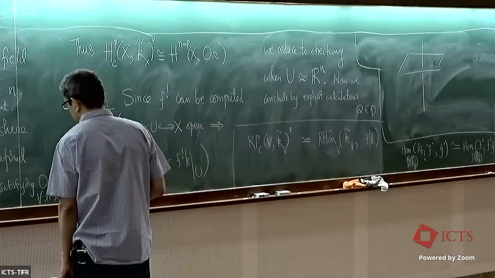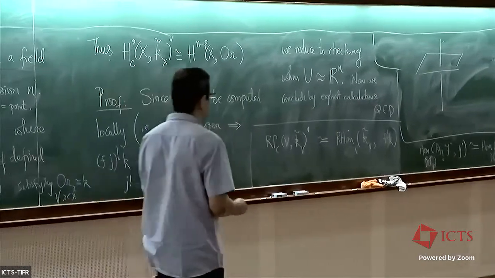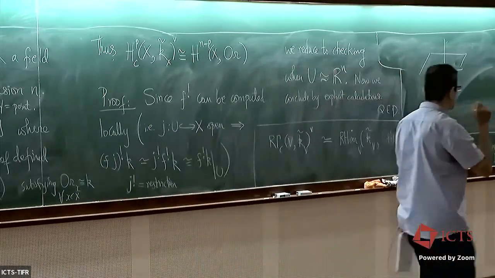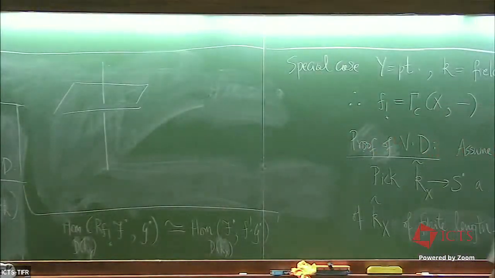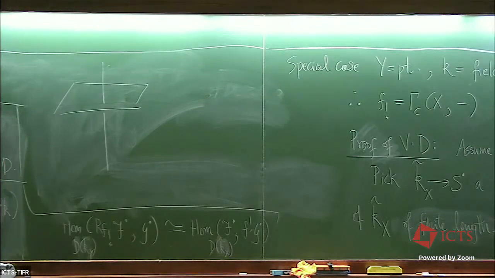Whatever. It will be a complex. It's an object in the derived category. So it will be a complex, and he wants to know what the complex looks like.